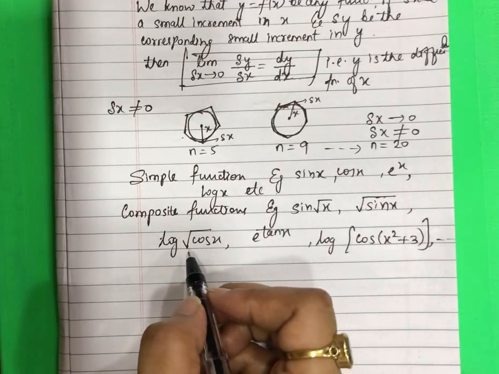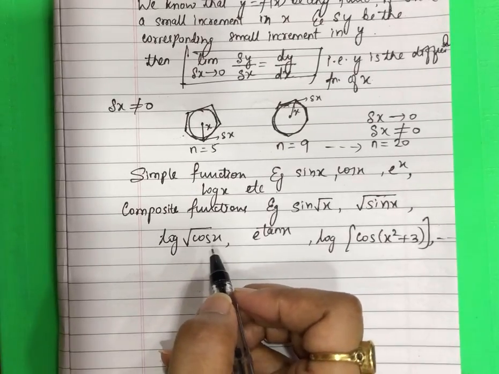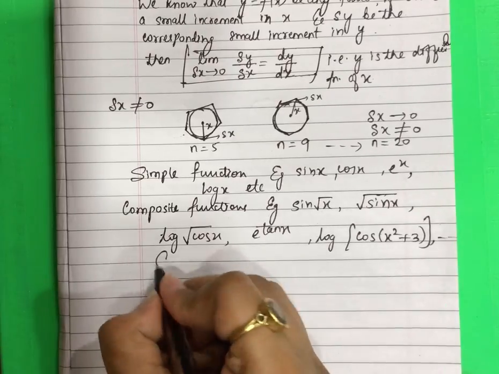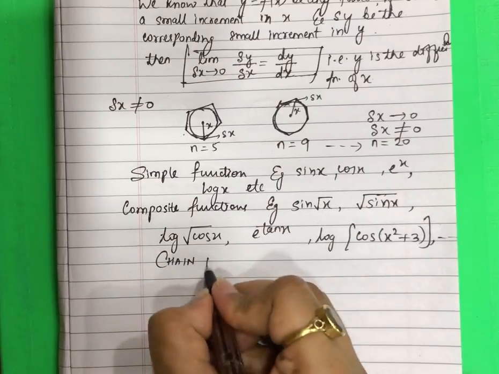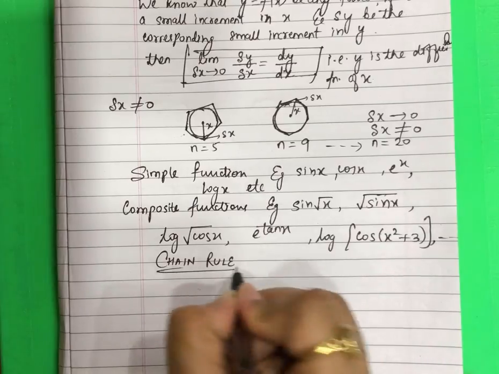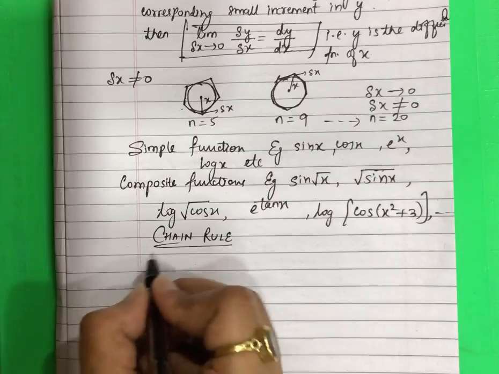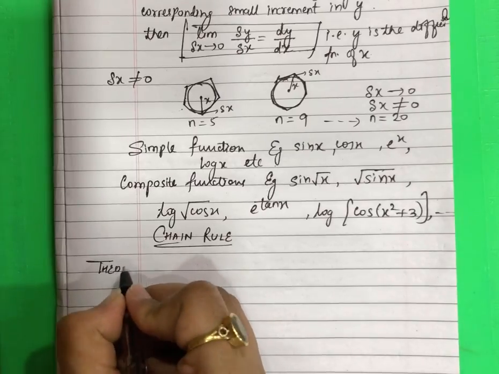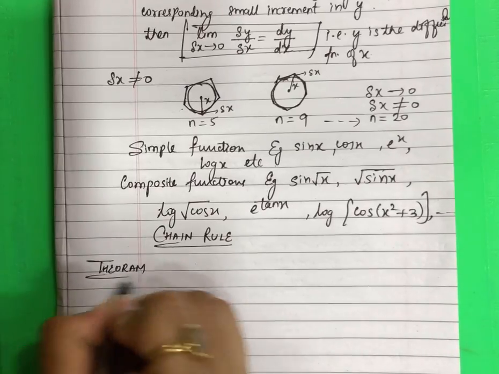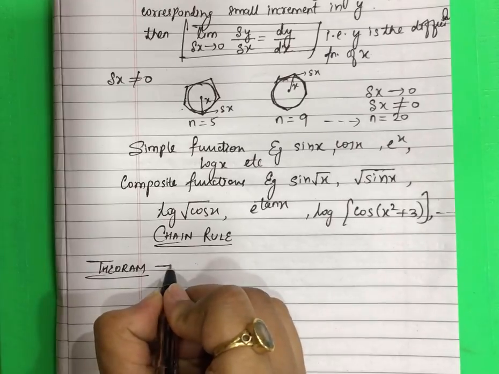In order to find the derivative of such composite functions, we need to know a rule that is known as chain rule, and that is one of the important rules in derivatives. To understand this more clearly, we'll go through the theorem of chain rule.